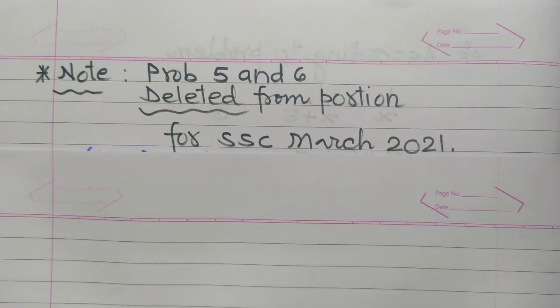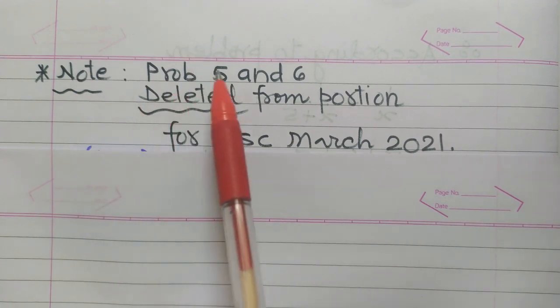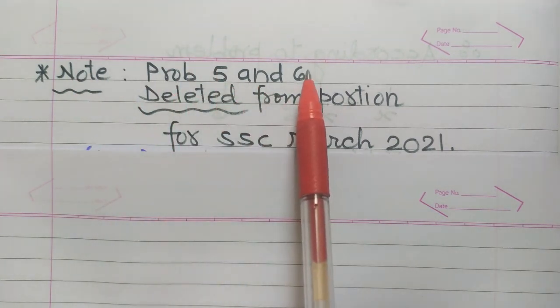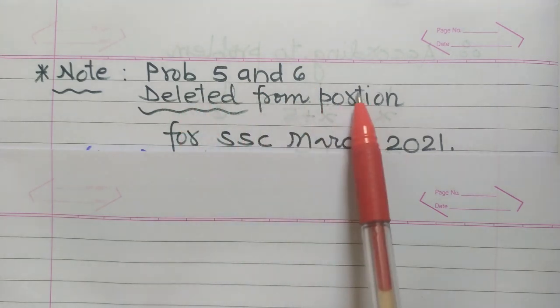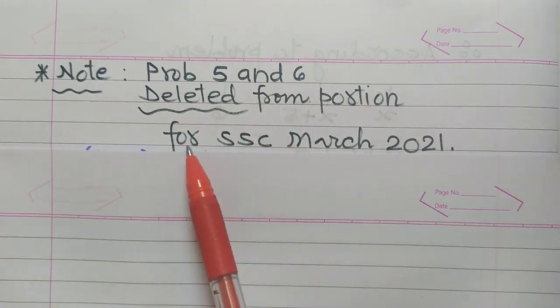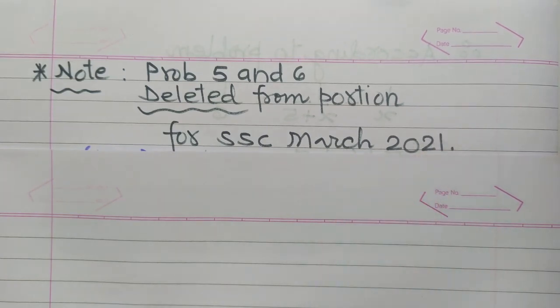Now, one more important thing. As a note here I have written problem number 5 and problem number 6. These two problems have been deleted from your portion, and that is only for SSC March 2021. So for March 2021, these two problems have been deleted.